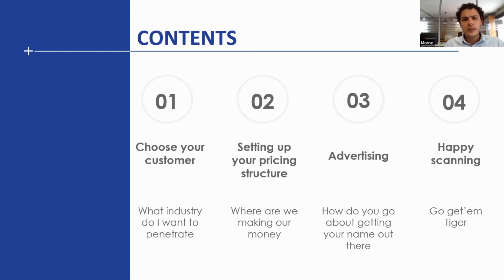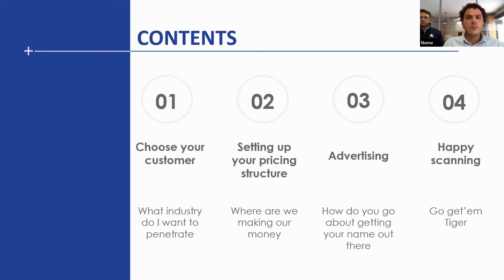The first thing we're going to look at is choosing our customers, so we can get to know our customer a little bit better. Then we're looking at our pricing structures, because a frequently asked question is, I'm buying the camera, I'm doing all of the things, but how am I actually going to make my money back? The third one is advertising, which is about how we get our name out there and have people interact with us.